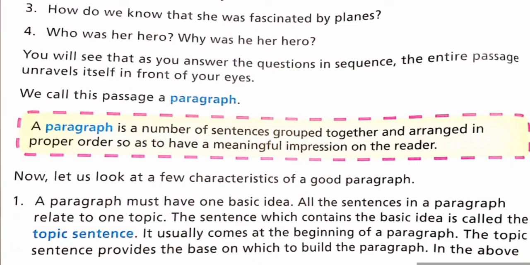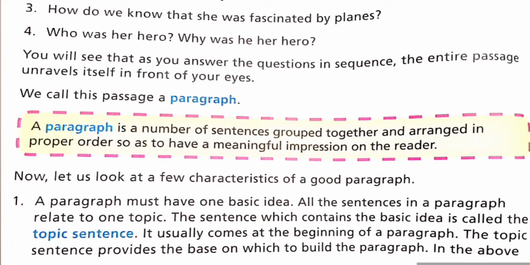So, a good paragraph focuses on a single topic or idea. Remember that. A paragraph is a number of sentences grouped together and arranged in proper order so as to have a meaningful impression on the reader.